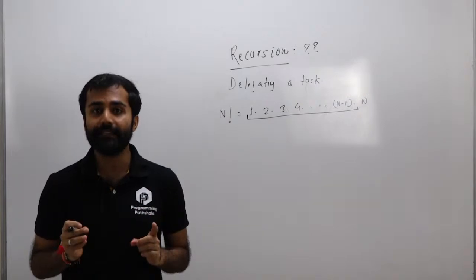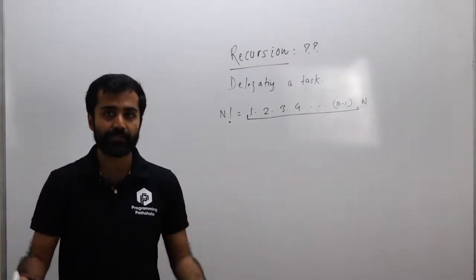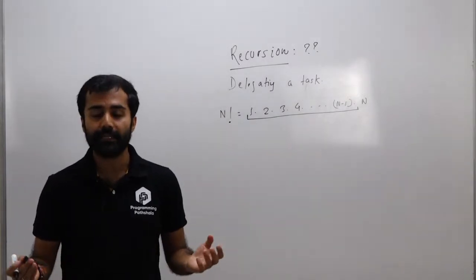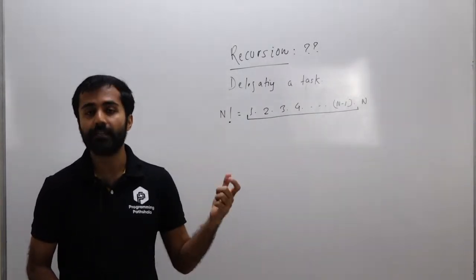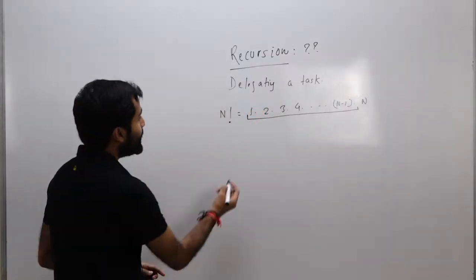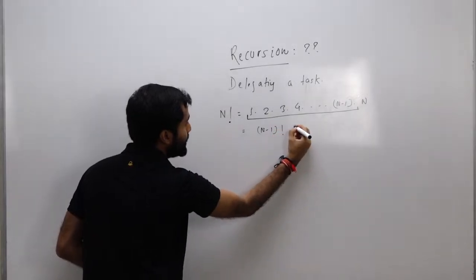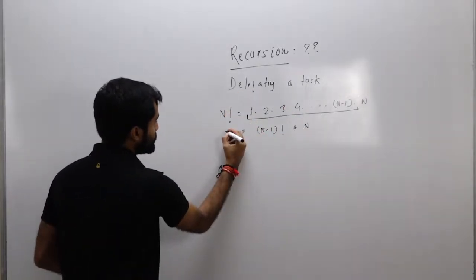So if you are saying that n factorial is the product of first n natural numbers, then you can also say that n minus 1 factorial is the product of first n minus 1 natural numbers. So that means it can be written as n minus 1 factorial multiplied by n.